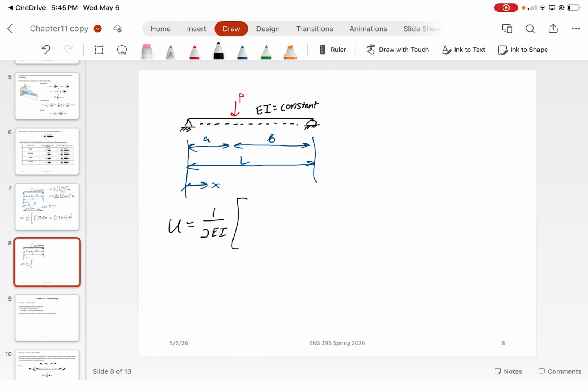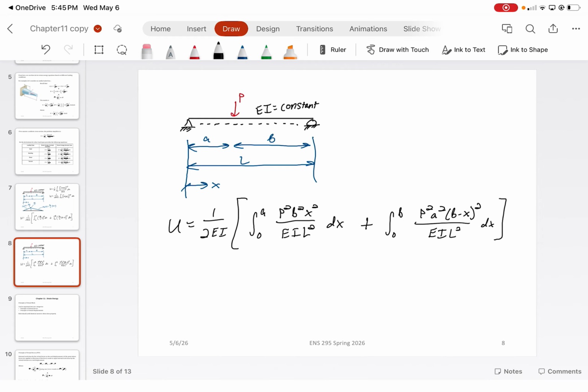And then this entire integral is just equal to the integral from 0 to a of p squared b squared x squared divided by EI L squared, all with respect to dx, plus the integral from 0 to b of p squared a squared times b minus x squared divided by EI L squared with respect to dx.